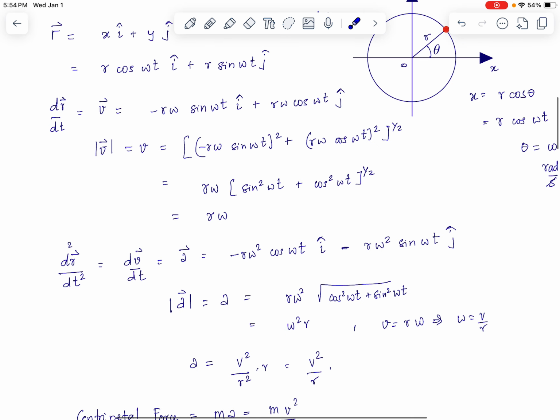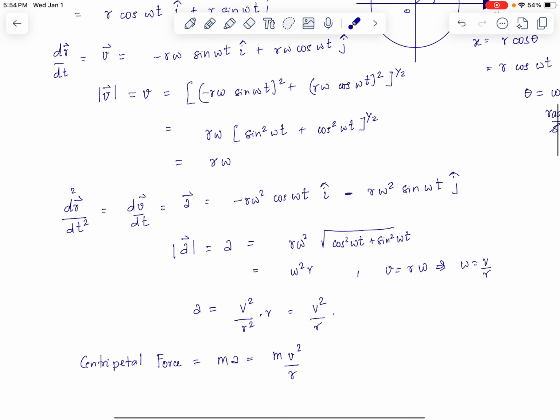Here again we differentiate the above expression one more time with respect to t to find the acceleration, and that equals minus r omega squared cosine omega t i hat minus r omega squared sine omega t j hat. We take the magnitude of the acceleration vector by adding the sum of squares of the two components, and we find that this is equal to omega squared r.